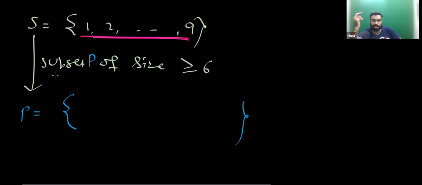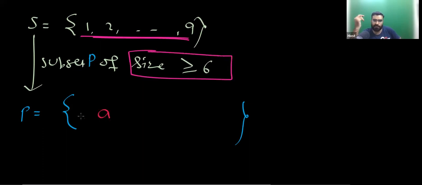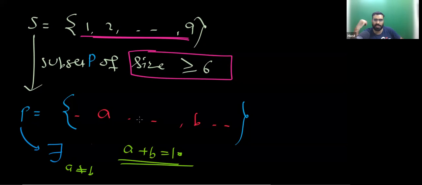Then it is guaranteed. Whatever subset you create of size greater than or equal to 6, you will definitely have two numbers whose summation will be 10. Definitely there exist A comma B whose summation equals 10. You can try this. But with 5, I cannot guarantee. Agree?